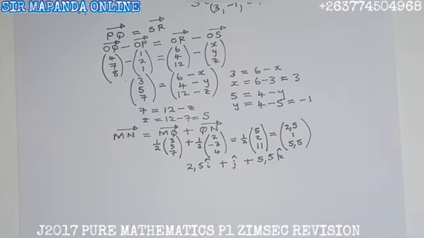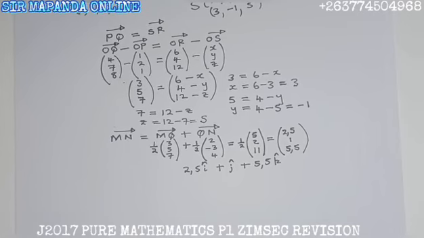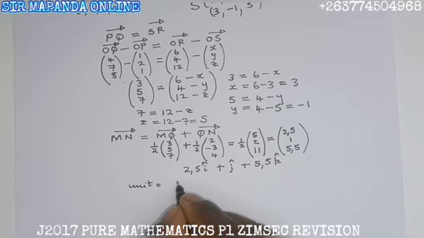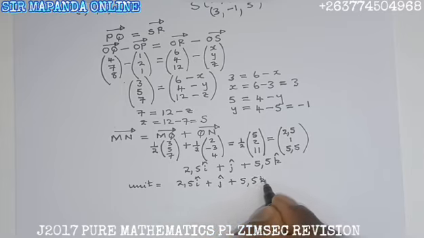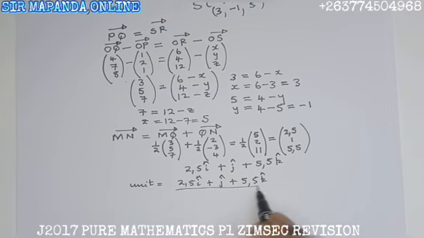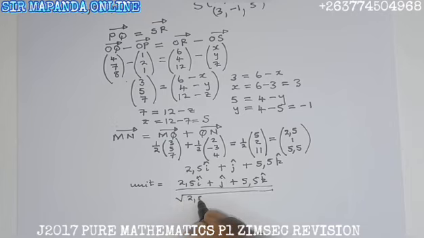So this is MN. So remember, a unit vector is the vector itself divided by the modulus. So you are saying the unit vector is equal to 2.5i plus j plus 5.5k. Then you put a square root, and you write 2.5 squared plus 1 squared plus 5.5 squared.